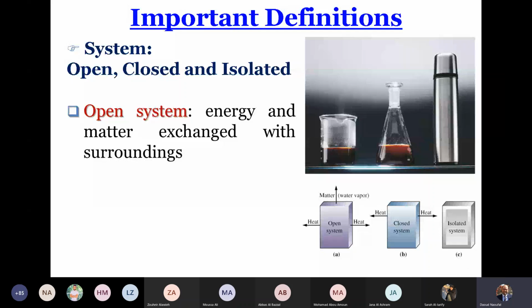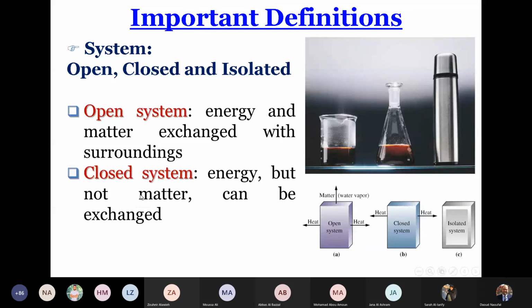For example, consider a candle. The candle, which is a system, releases energy to us, and we are the surrounding. At the same time, when the candle releases energy, the candle loses matter. So the candle is an open system.